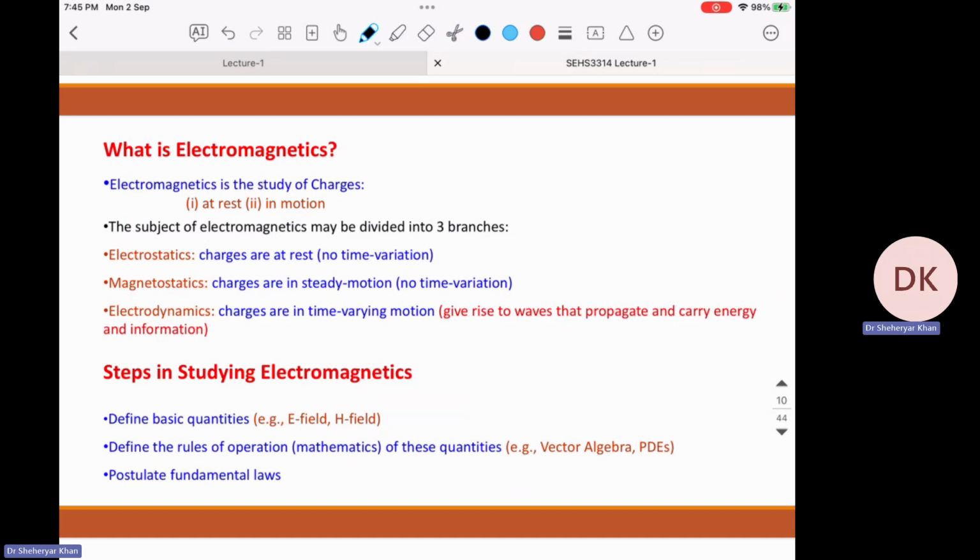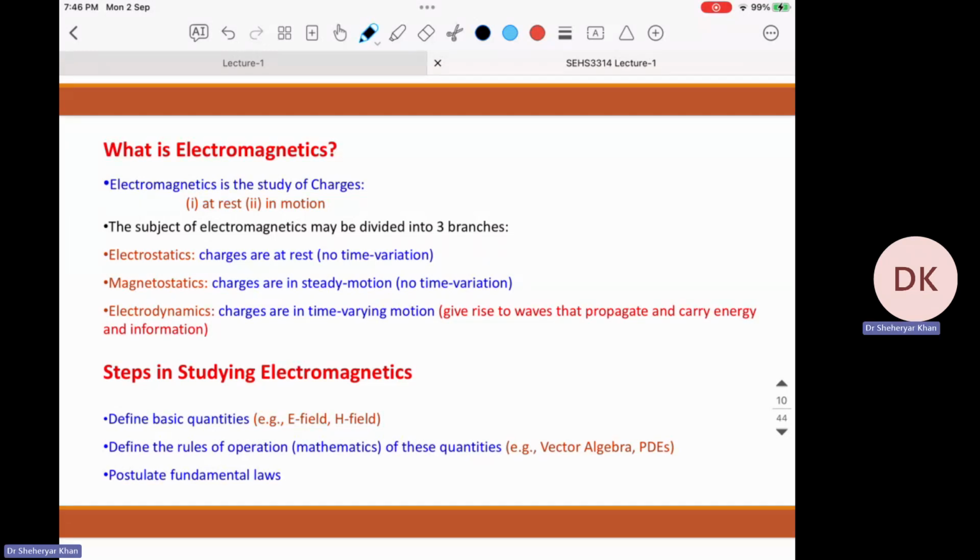So electromagnetics is the study of charges, right? We know that the charges move due to the potential, so they move from positive to negative, conventionally. And sometimes the charges are at rest.